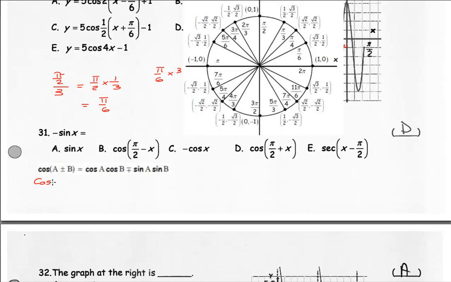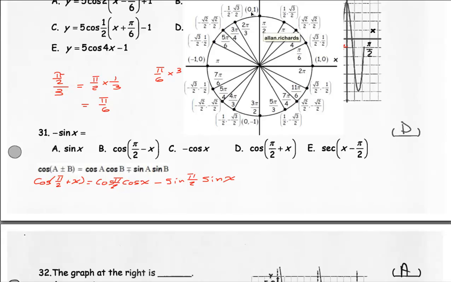So if we're doing this, just write this out, plus x. So that would be the cosine of the pi over 2 angle times the cosine of the x angle. And A plus B is plus or minus here, minus or plus here, so the opposite sign. So we have a plus, we want a minus before the two sines. So sine pi over 2 sine x.